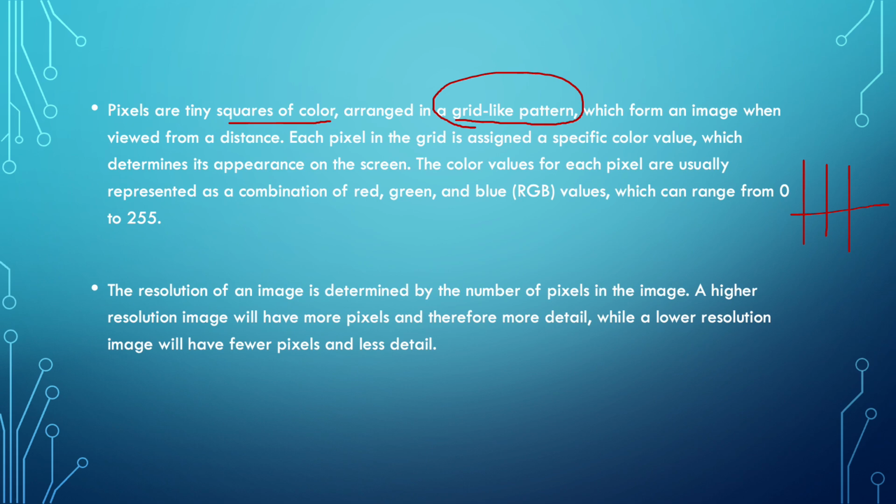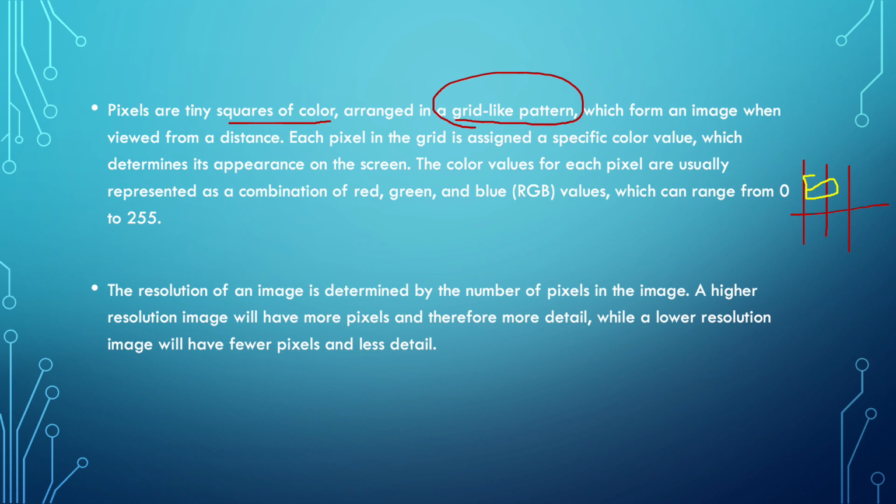Each pixel in the grid is associated with a specific color. Each grid cell is assigned a specific color value, which determines how it appears on the screen.